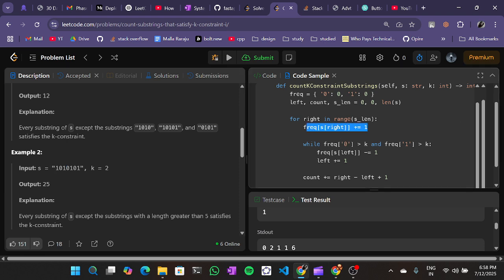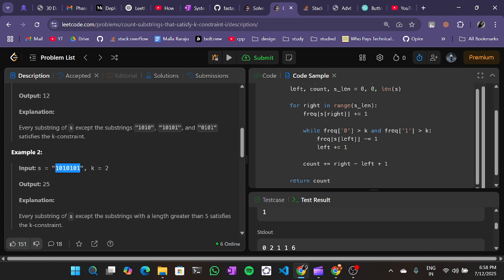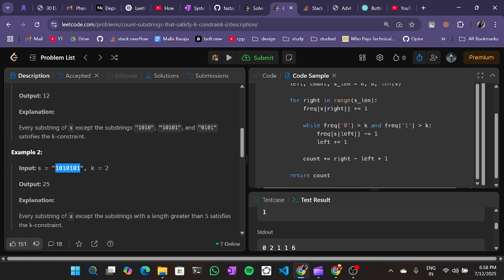He's initially adding all the numbers. If it never hits this condition, then it will directly use this answer.